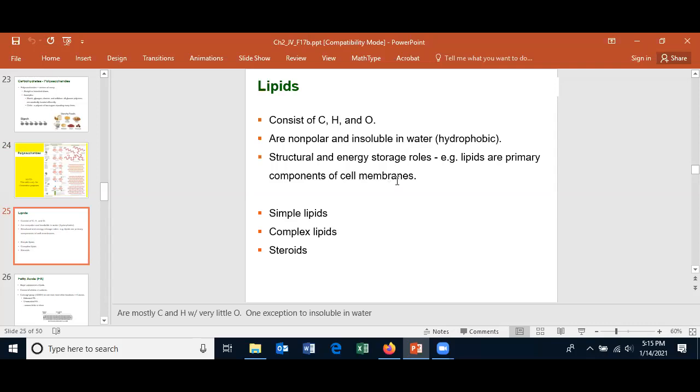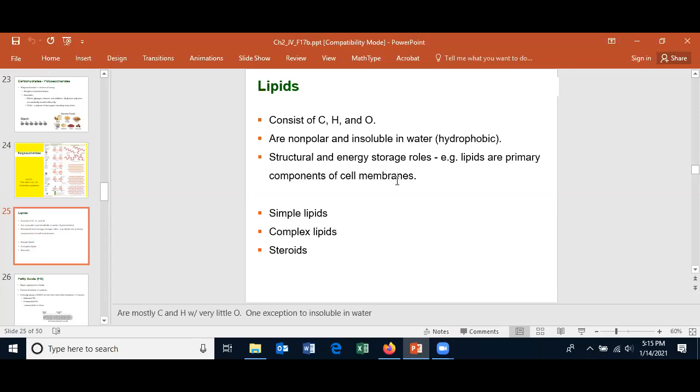Lipids are important structural and energy storage molecules in organisms. They play roles in structural components, meaning we have lipids in the structural components of our cells, like the cell membrane is composed of lipids.